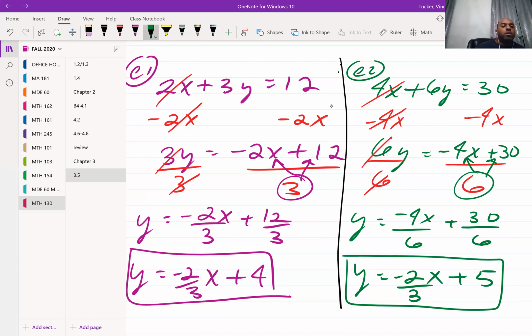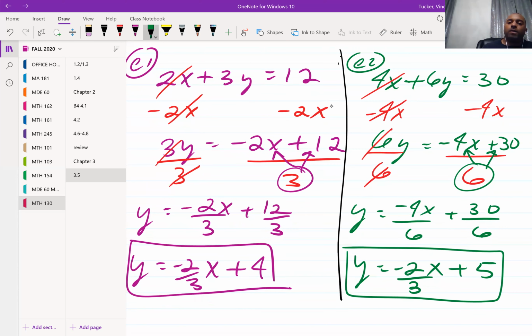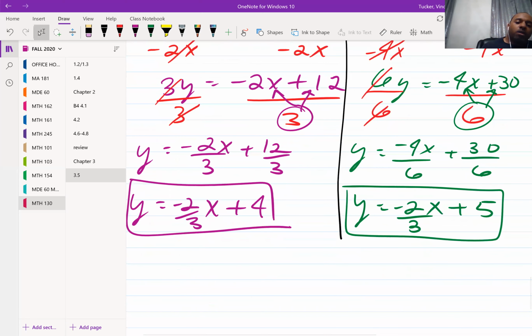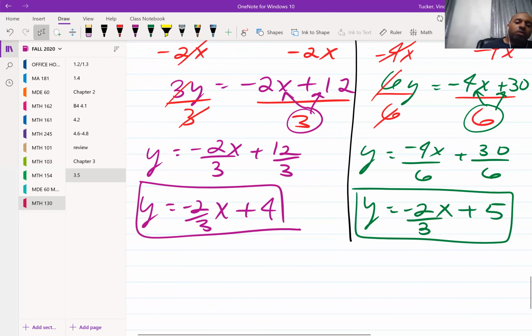All right, so key here. I don't want green, I want red. We see that our slopes are the same.